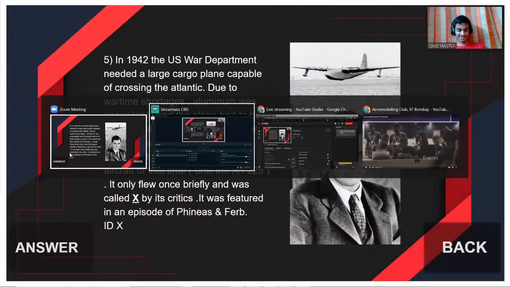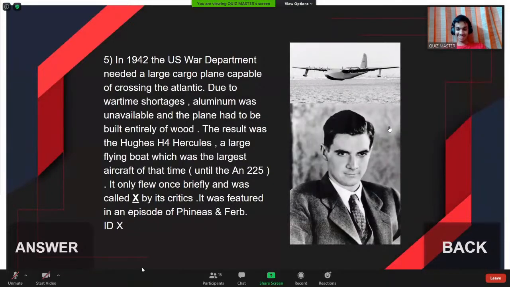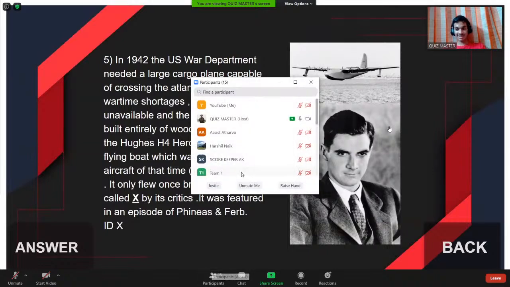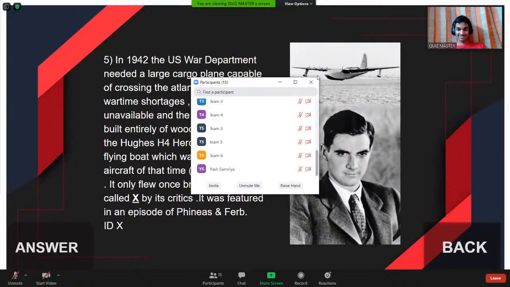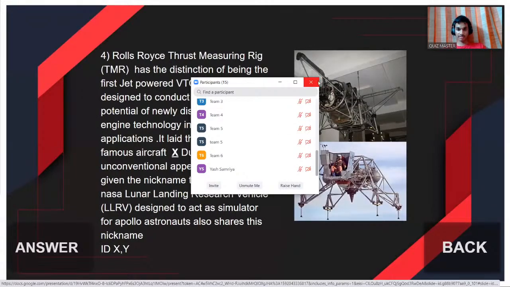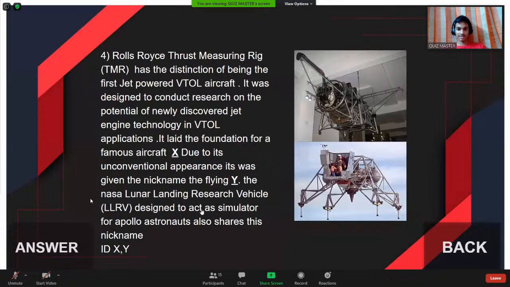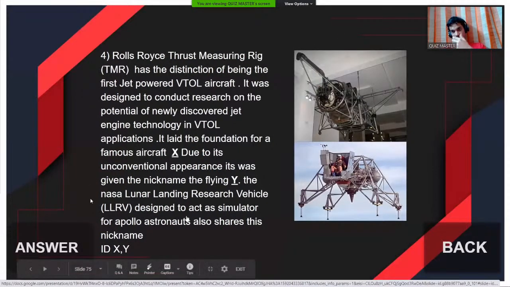Guys, don't answer. We're not started yet. I need a bet. I mean, your answer may be correct, but don't answer. Team 5? So team 5, what is your wager?